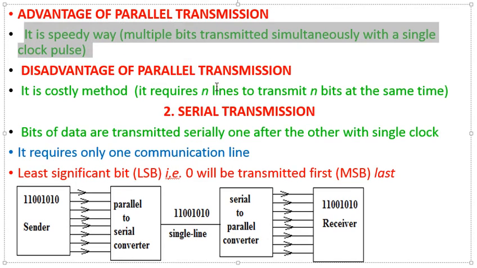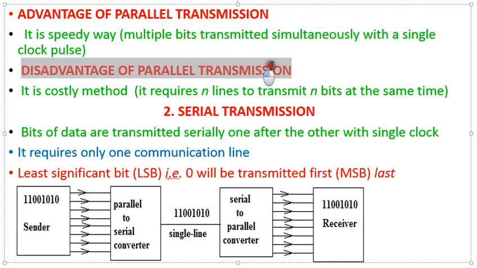The reason is that we use multiple wires to transmit multiple bits at the same time. We don't need to send them one after the other. So since they are transmitted simultaneously, it can be transmitted at a very fast rate, very high speed. So this is the advantage.